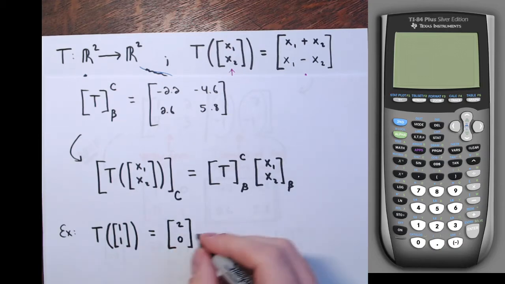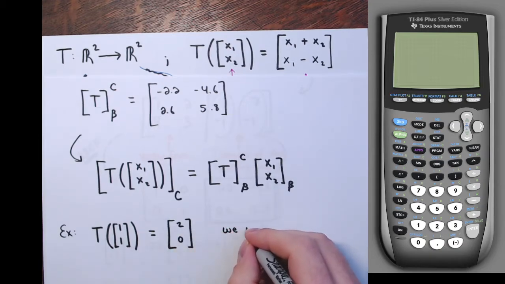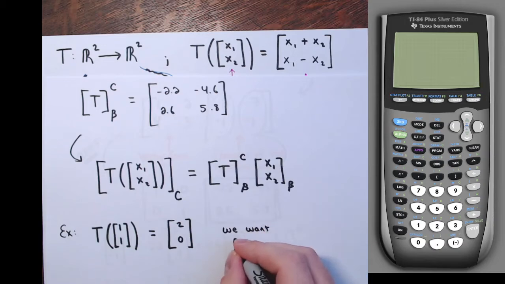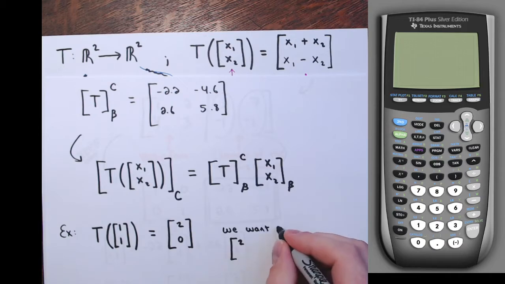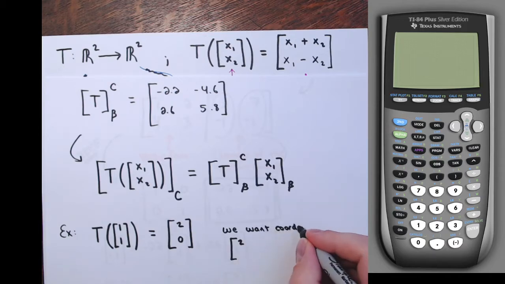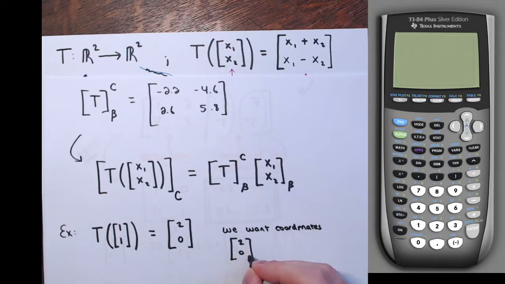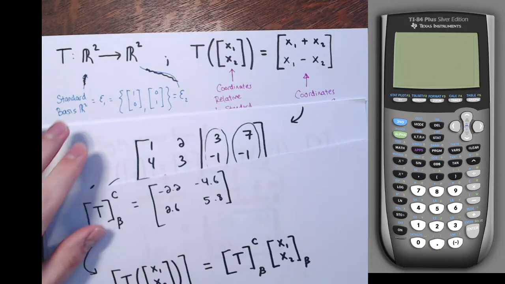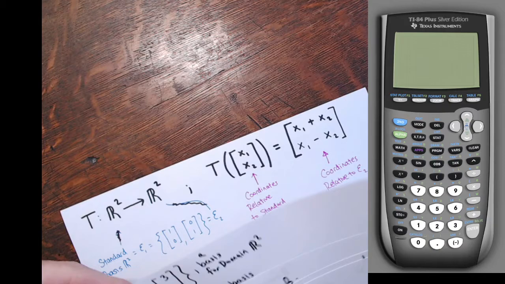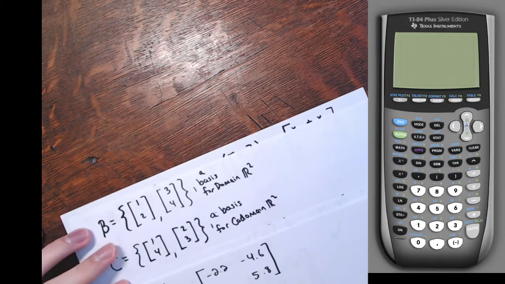Now suppose we want the coordinates of 2, 0 relative to C, relative to these basis vectors from set C, from this set here with the 1, 4 and the 2, 3.